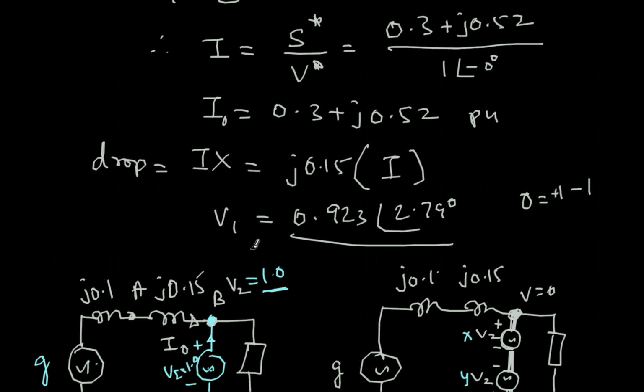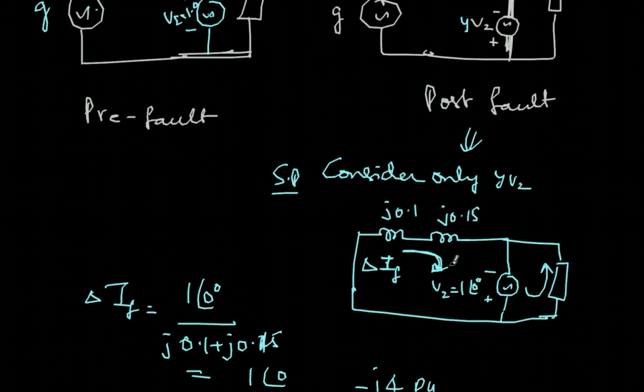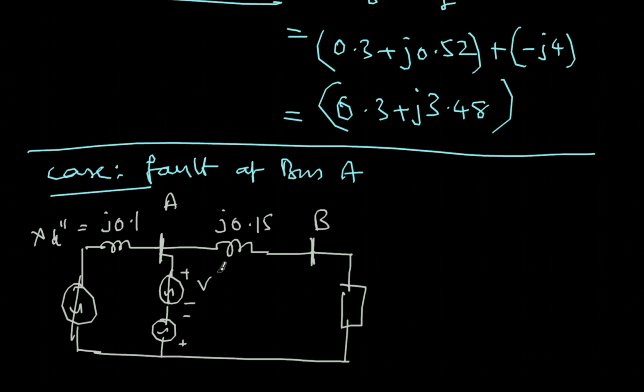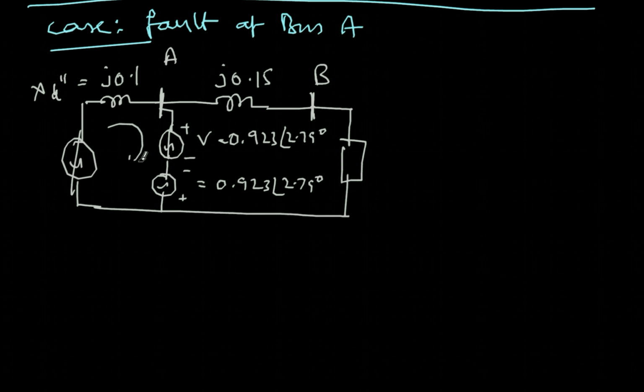So this one is 0.923 angle 2.79 degrees, and this is also 0.923 angle 2.79 degrees. So now what will be the fault current here? This is delta IF, considering now I short circuit these two and just calculate the fault current in this branch.